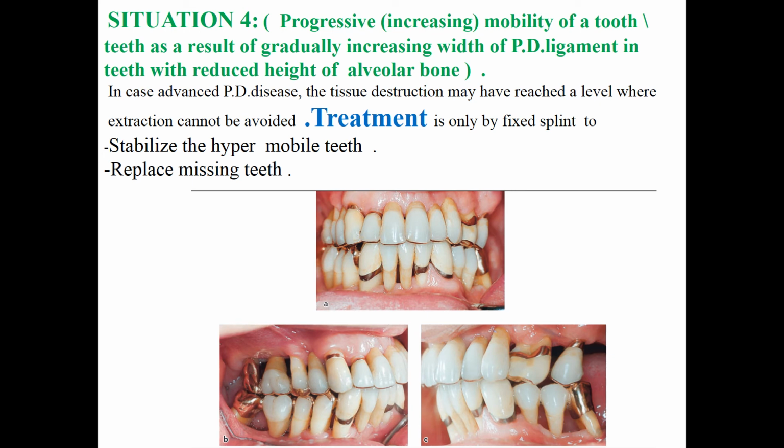This increased force on the teeth will result in a gradual increase in the width of the periodontal ligament. And the gradual increase in the width of the periodontal ligament will result in progressively increasing mobility. The treatment of such a condition is by fixed splint only.